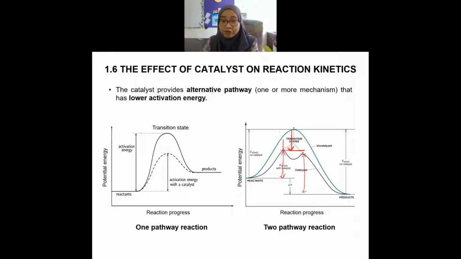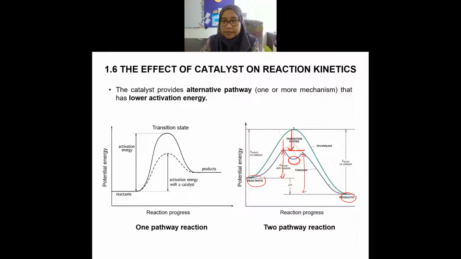It produces an intermediate. So reactant produces intermediate, and then this intermediate will react to produce the final product. Alright, so it depends on the reaction itself. It depends on the catalyst used in the reaction. But the main purpose of having catalyst in the reaction is to reduce the activation energy.